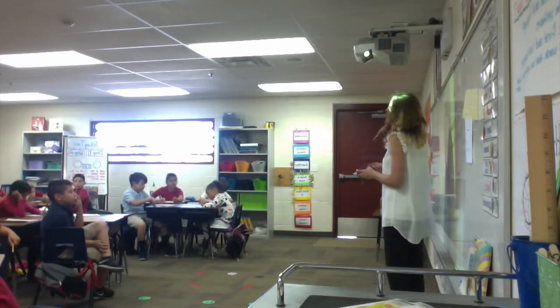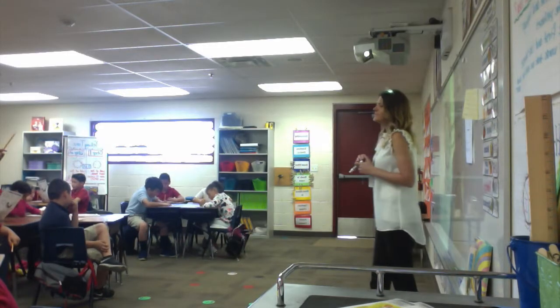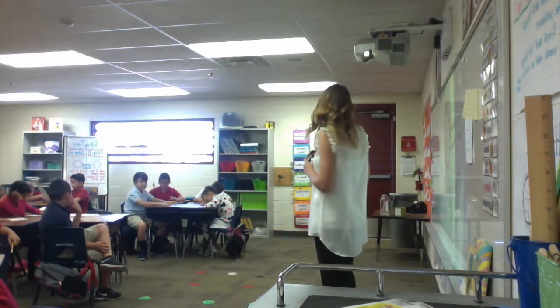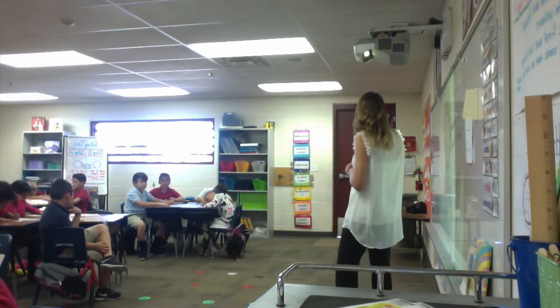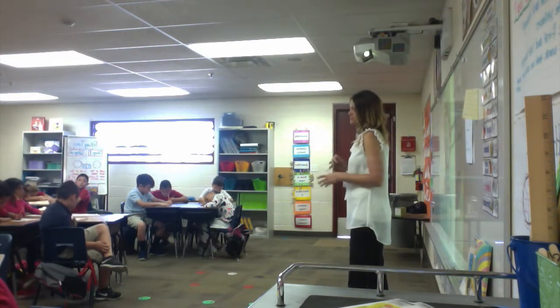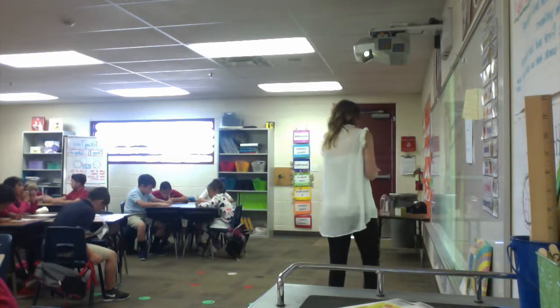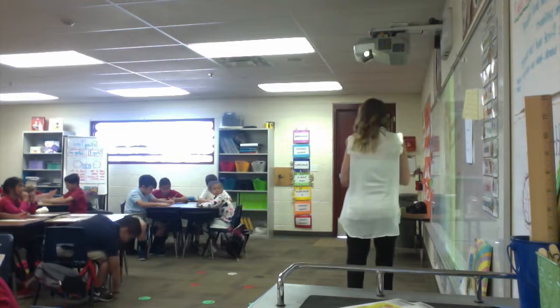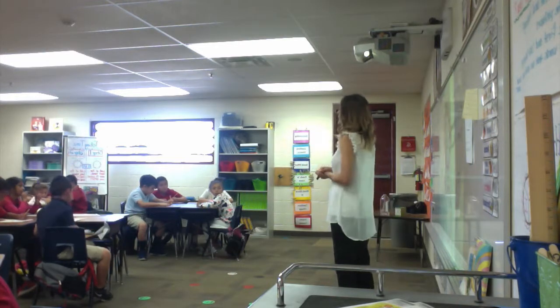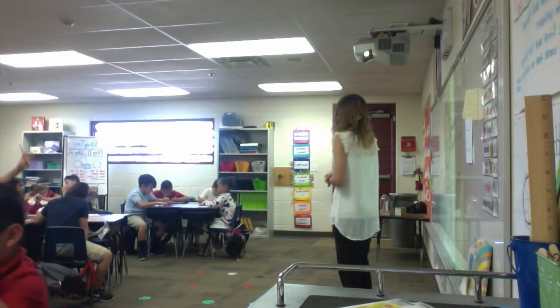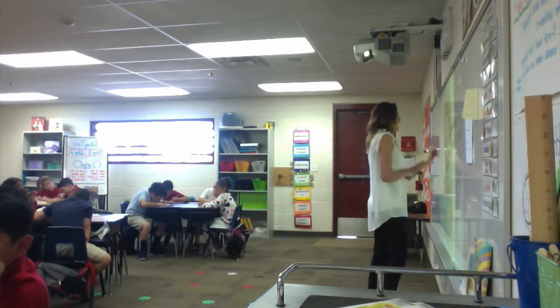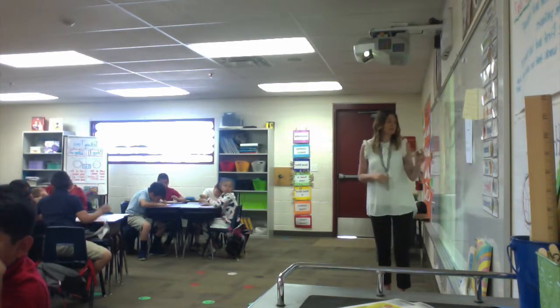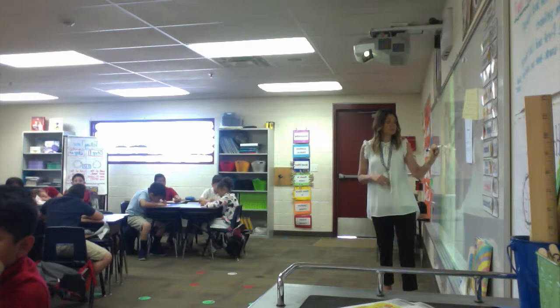Let's look at the blue clock. Let's pretend it is 9:15. So I want to draw 9:15 on this clock. Where would I put my hour hand? Because we want to start with the hour hand. At the 9.